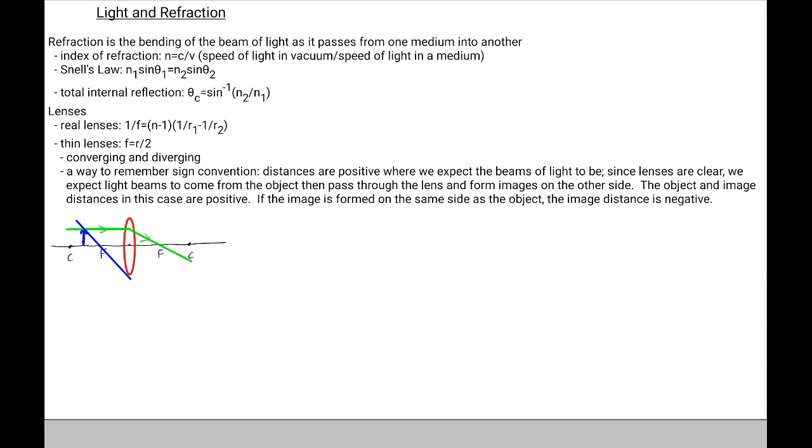Just make sure that you always draw the line all the way to the center of the lens. All right, and then the light that passes through the second focus will refract parallel to the principal axis. So it would go this way.